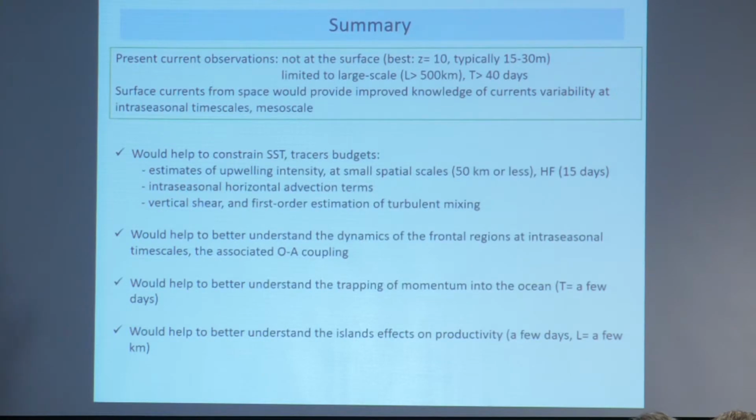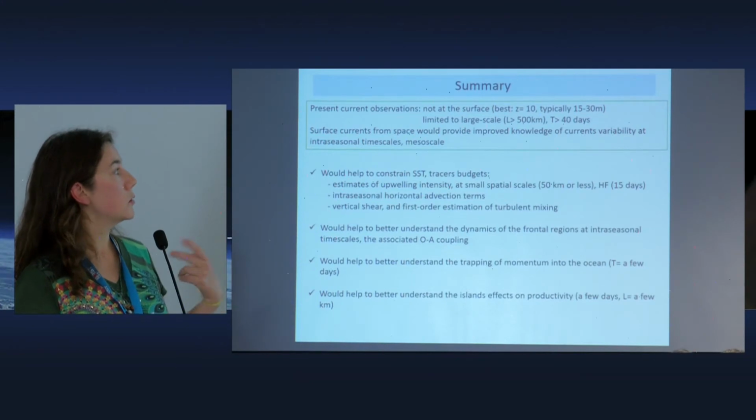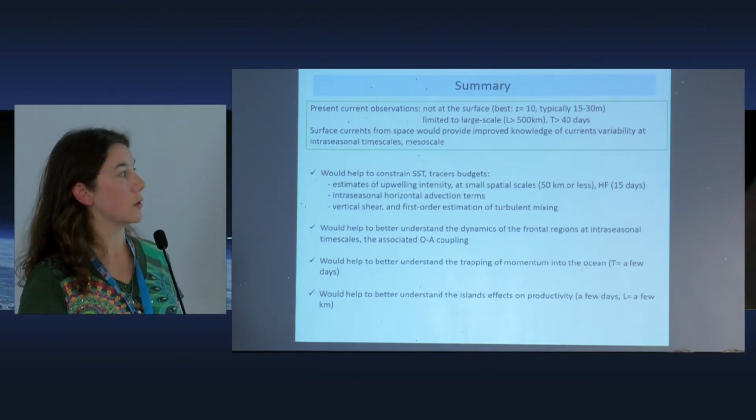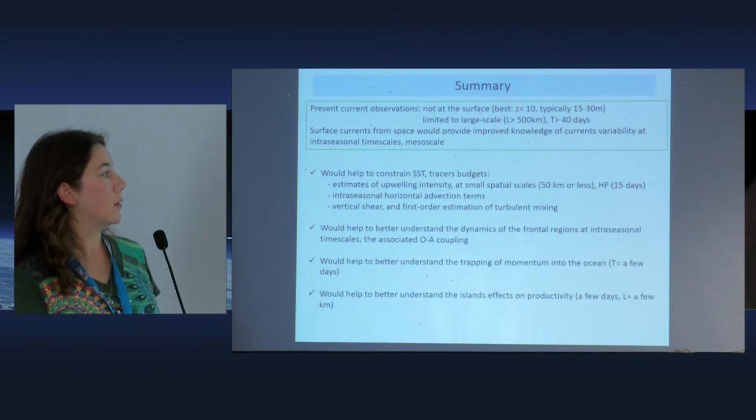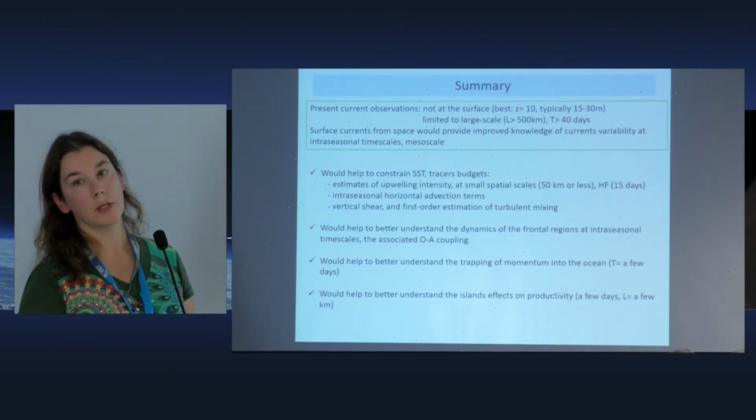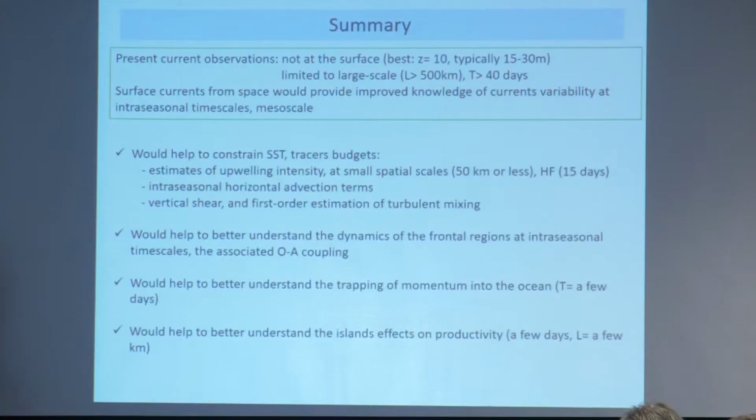They would help to constrain SST and tracer budgets, by giving access to the upwelling intensity and variability at small scales, to the intraseasonal horizontal advection term, to the vertical shear, and at first order, an estimate of the turbulent mixing. They would help to better understand the dynamics of the frontal regions at intraseasonal timescales and the associated coupling, and that would help to better understand the trapping of momentum in the ocean.